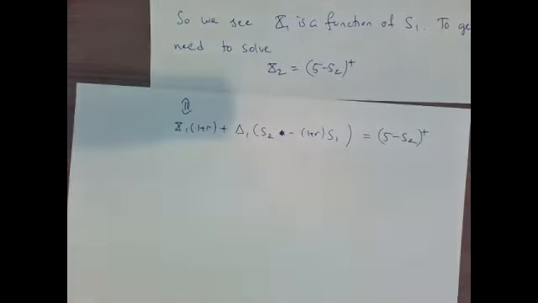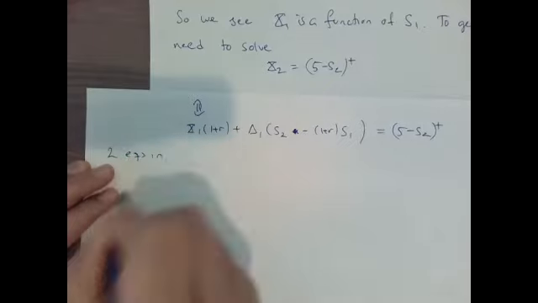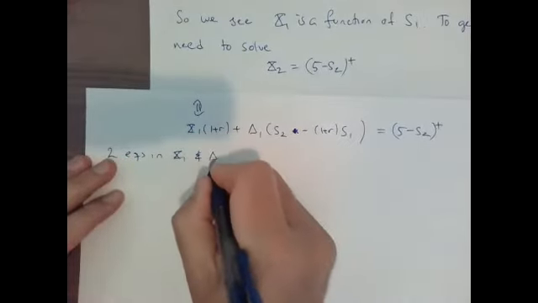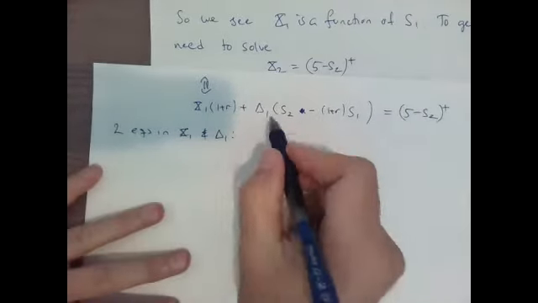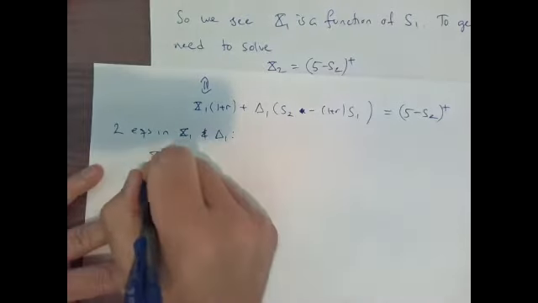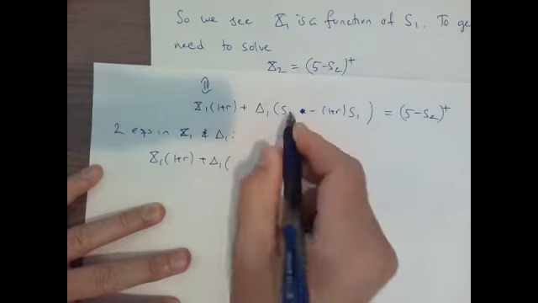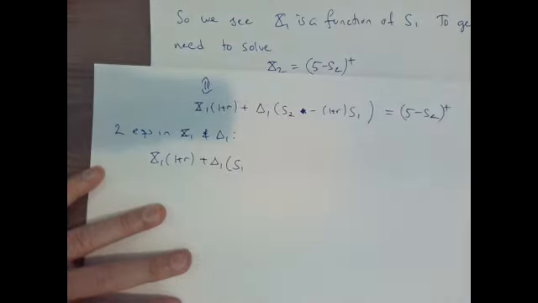Okay, so we have two equations and two unknowns. Just as we did in a one period model, we get two equations in x1 as well as delta 1. What do we get? We have x1 times 1 plus r plus delta 1 times S2. There are two possibilities: S2 is equal to S1, and then you could either be up or down.